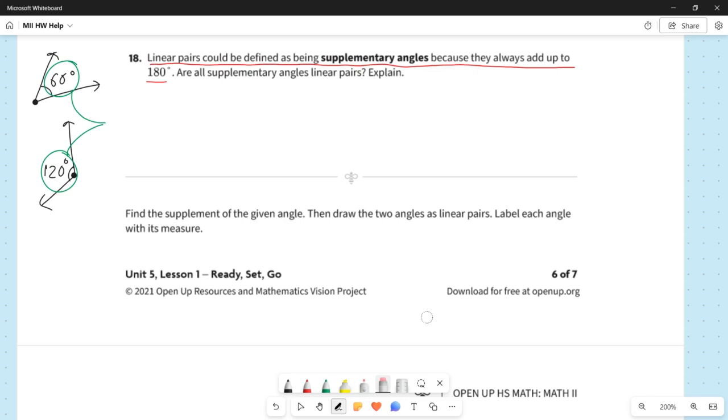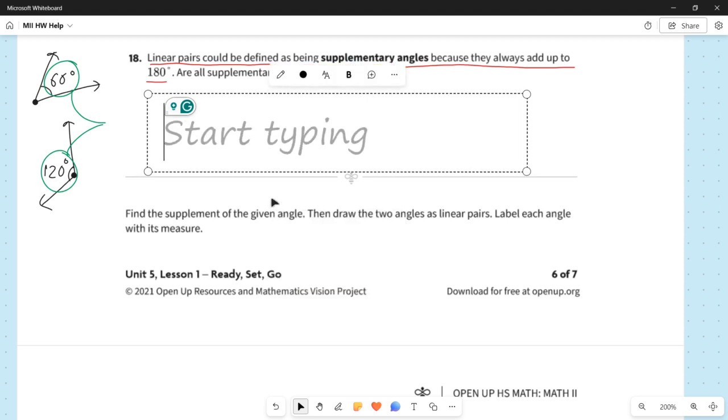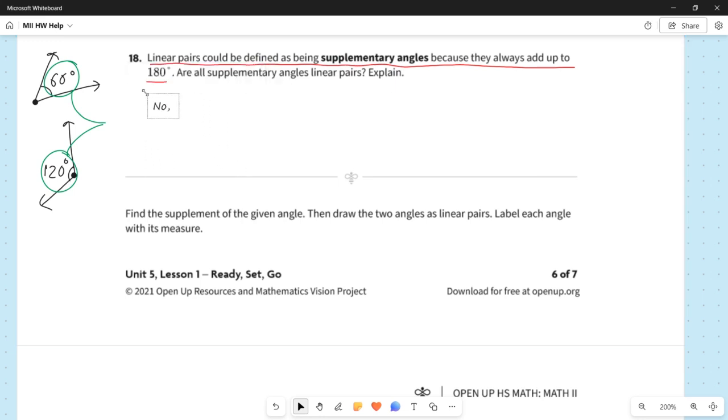So what we can say here for number 18 is that the question is, are all supplementary angles linear pairs? All right, and the answer is no. That is not true, and I always need to explain why that's true.